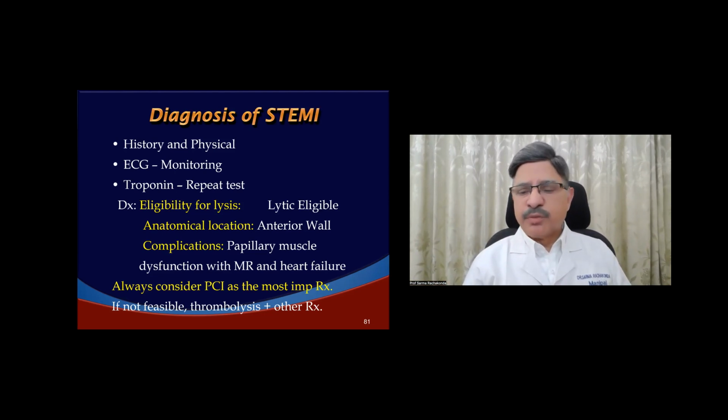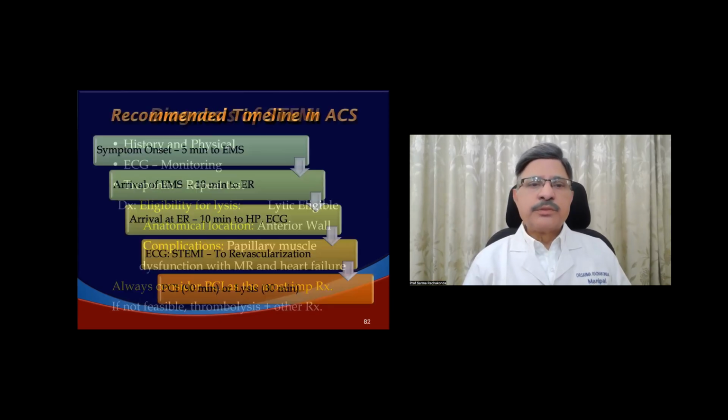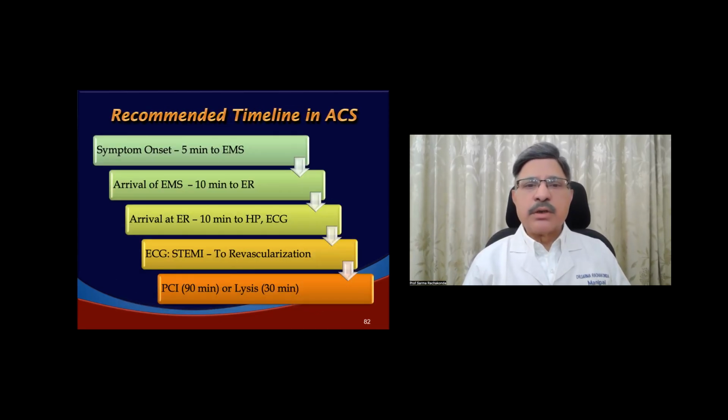Okay. Now, from symptom onset, you have to take 5 minutes to EMS, emergency medical service. At the EMS, 10 minutes, and in the ER, 10 minutes for the history and physical, acquiring ECG, if necessary troponin, and STEMI revascularization is the rule.